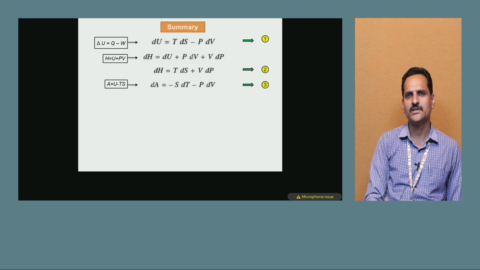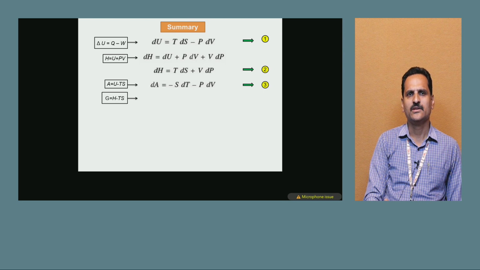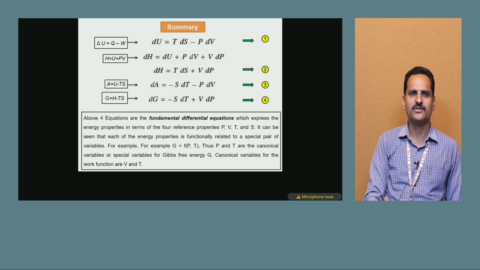This is called the third fundamental property equation. The last one, the fourth fundamental property equation, is related to Gibbs free energy: G is equal to H minus TS. It is derived in terms of temperature, pressure, volume and entropy, represented as dG is equal to minus SdT plus VdP. These are the four fundamental property equations.